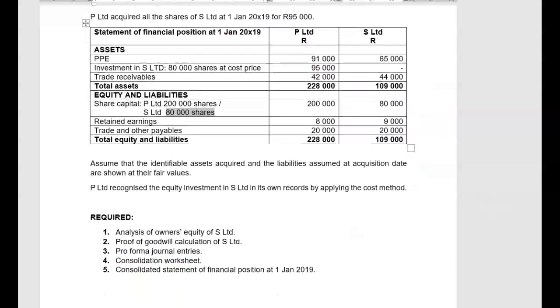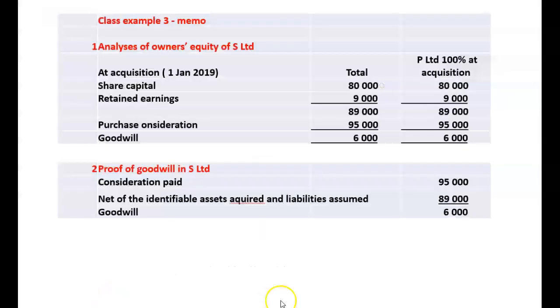Now again, the same as the previous questions. Number 1, do the analysis of the owner's equity of S. So that is all about the 89,000 and the investment of 95,000. Here's the 80,000 share capital at acquisition of S, retained earnings 9,000, total 89,000.